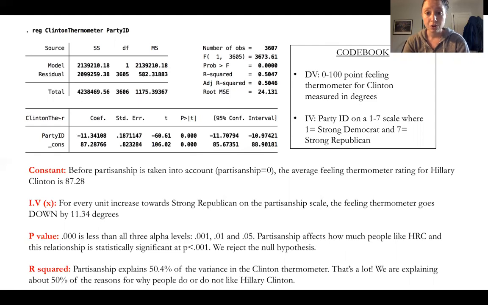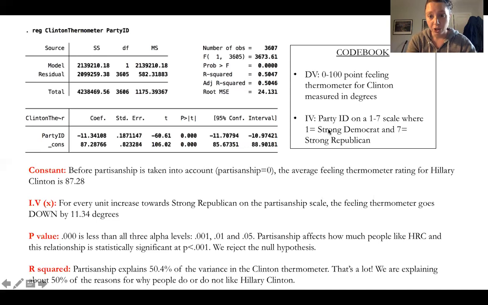So it's 0 to 100, so it's like 101 points. People that rate her a 0 really, really hate her. People that rate her a 100 really, really like her. A 50 is completely neutral, and then there's lots of different ratings that are somewhere in the middle.